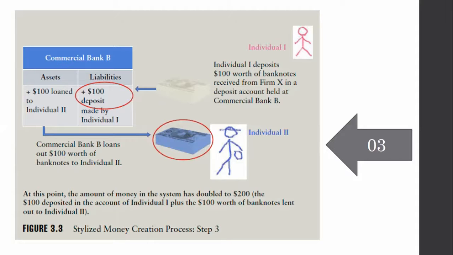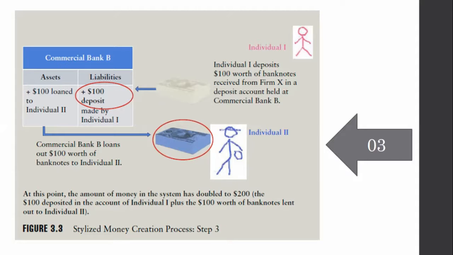A new bank now comes to the story, which is Commercial Bank B. Now, the individual one who received this newly issued money has no urgent use of this money, so he decided to invest the money, because holding cash in hand has an opportunity cost. So to avoid this opportunity cost, to earn an interest, he decided to deposit that $100 received in a bank called Bank B.